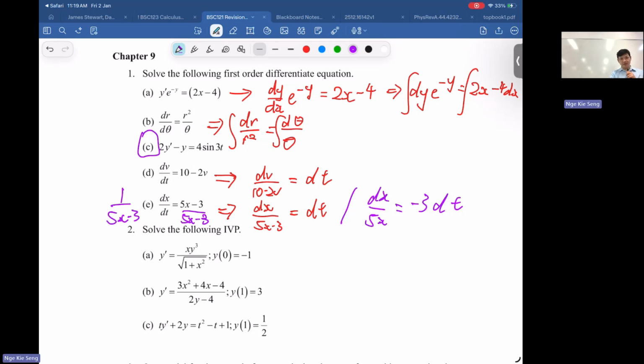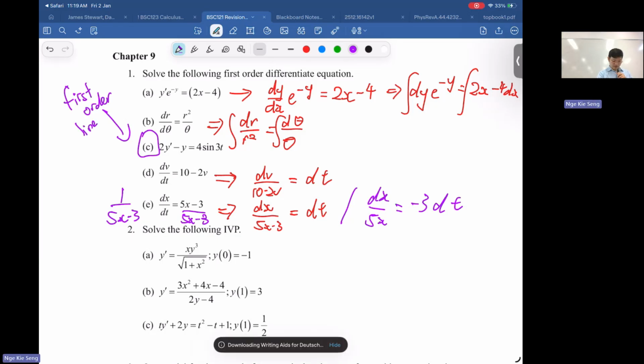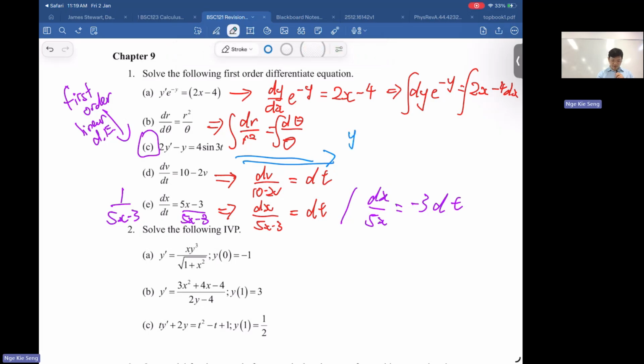But for C, I think you need to solve it by what we call the integrating factor, because this is a first order linear differential equation. So maybe it's worth talking about this. We can rewrite this as y prime minus half y equals 2 sine 3 theta.